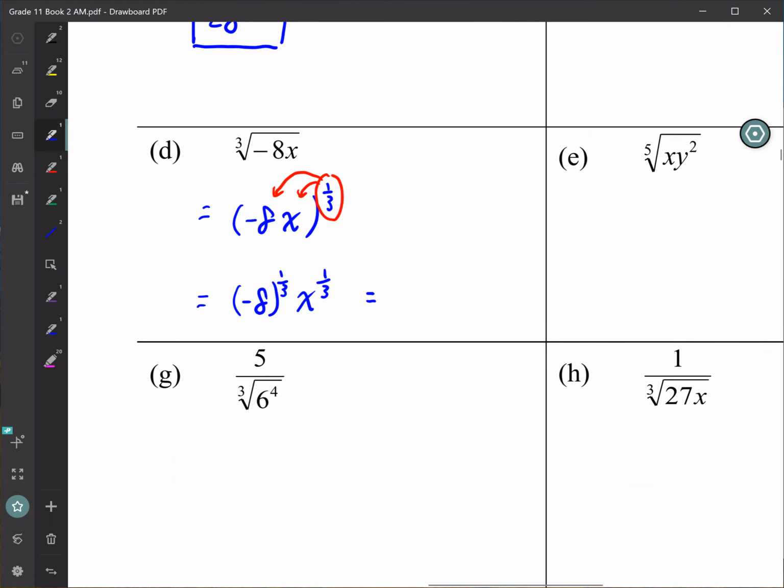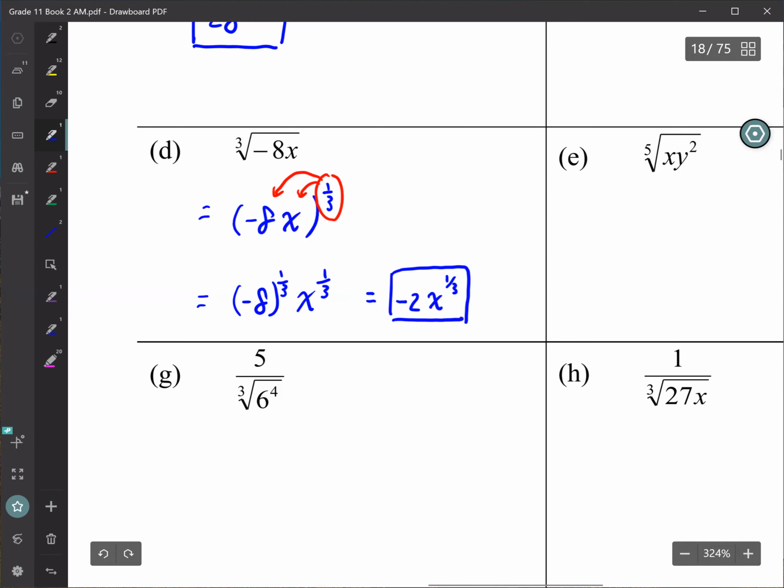What can we do, Brendan? You can change that to -2. Yeah, 1/3 means a cube root, so it becomes -2, and then x to the 1/3. So this is where you should be stopping when they say simplify.